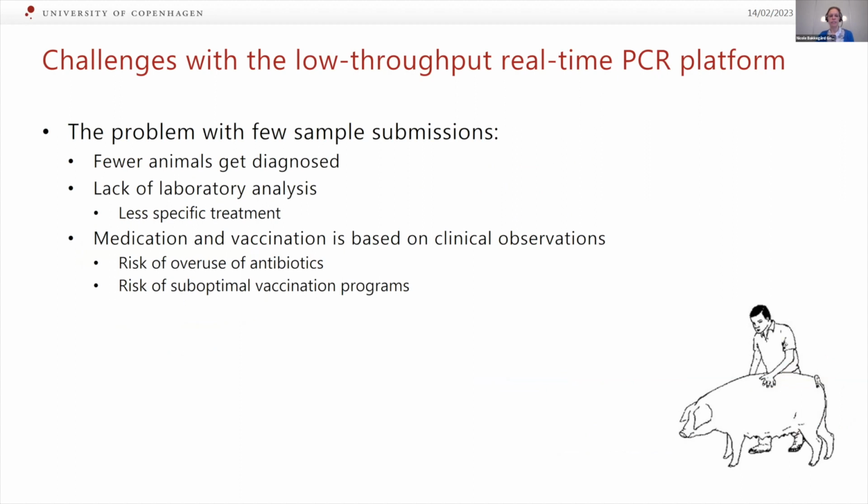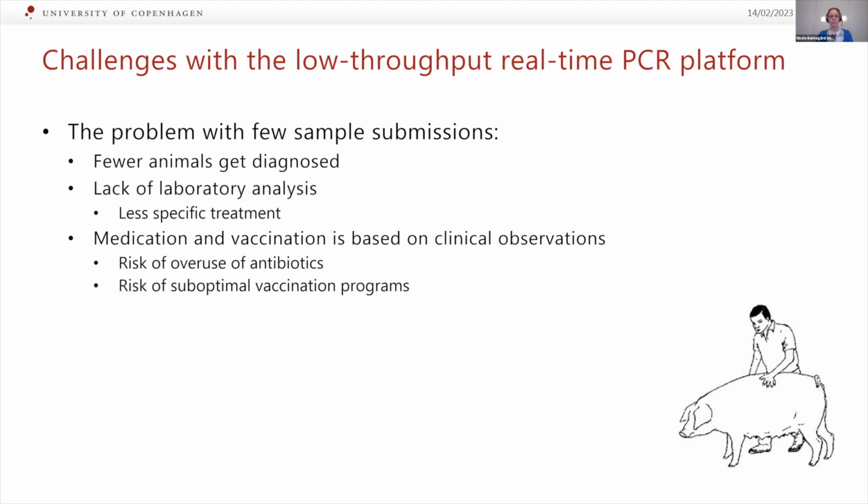Lack of analysis can result in less specific treatment because the veterinarian does not have the right basis for the treatment. Therefore, there's a risk that medication and vaccination will be based on clinical observation instead of laboratory investigation, which can lead to the risk of overuse of antibiotics and suboptimal vaccine programs.